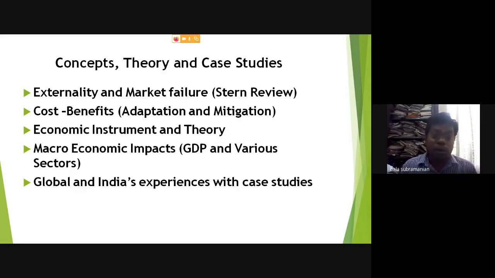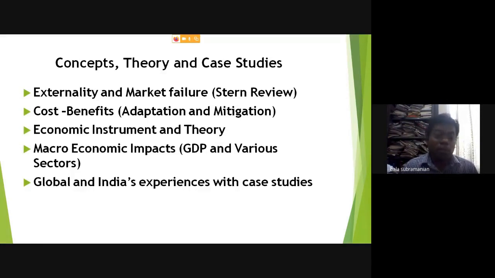For example, adaptation to climate change. If there are any programs, for example, a national action plan on climate change, how they are designed and how much money we need for the implementation of the national action plan. That is very important. So we are going to discuss the second aspect, cost and benefit, from the adaptation and mitigation perspective, in the international and Indian context.